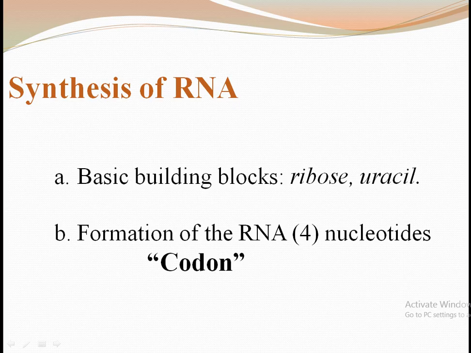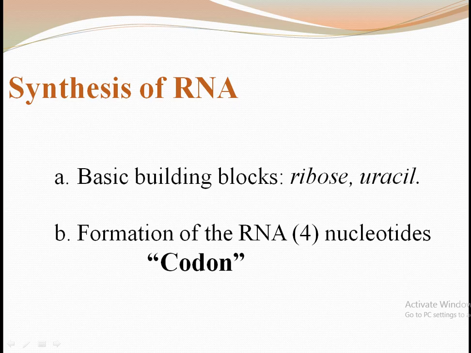As far as the basic building blocks of RNA are concerned, it is basically the same as DNA with some differences. Firstly, the sugar deoxyribose is not used in the formation of RNA. In its place, we use another sugar molecule called ribose.